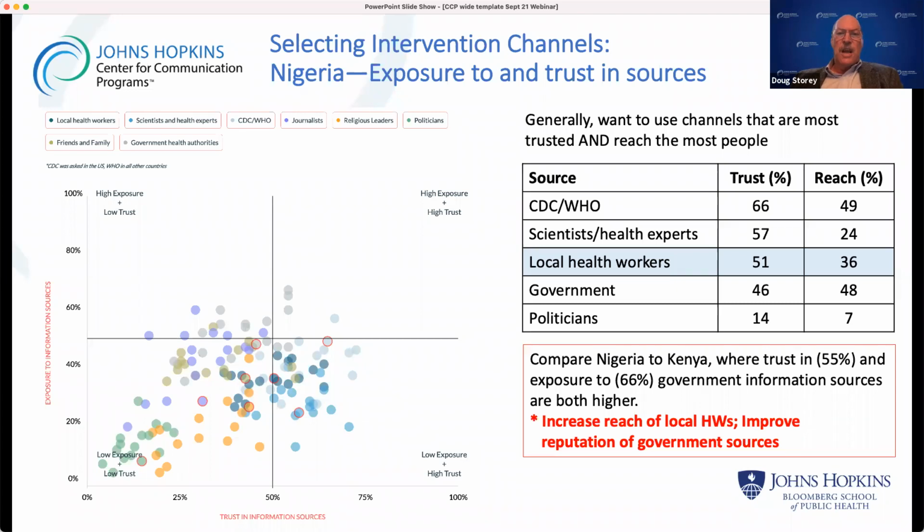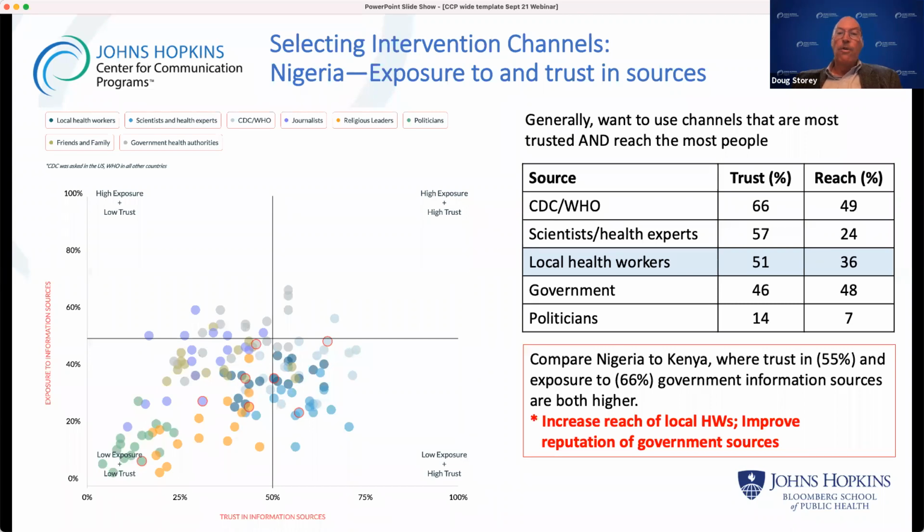So as you can see, and I've summarized this in the table to the right, the sources that have the highest level of trust are CDC, WHO, scientists and health experts, local health workers, and to a somewhat lesser extent, government. Again, you can see that politicians tend to fall low on the trust spectrum.